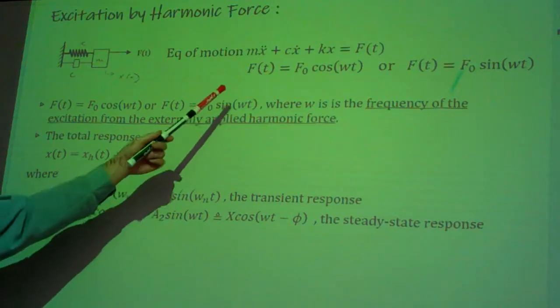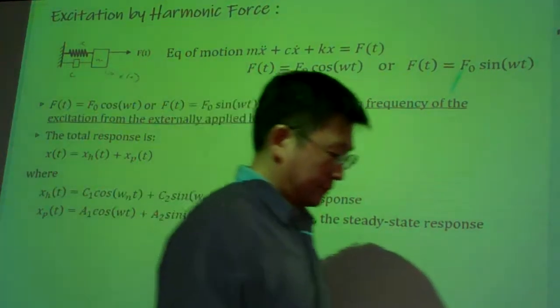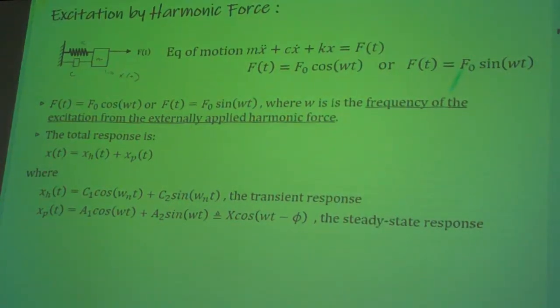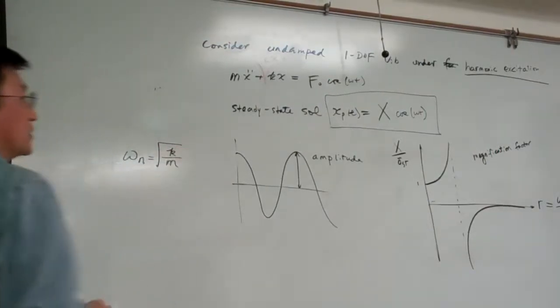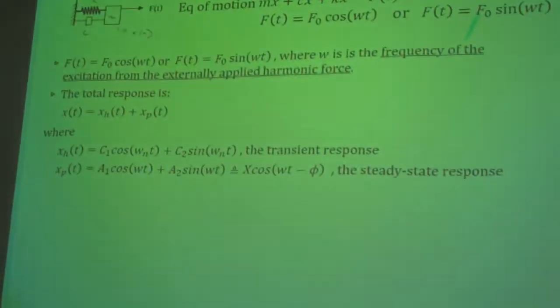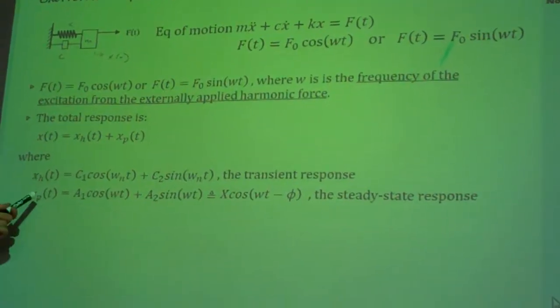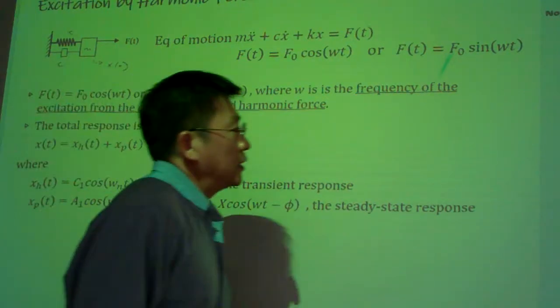Omega n is simply equal to the square root of k divided by m, the undamped natural frequency of the vibration system. For the particular solution, the difference now is this. Let me go over here.